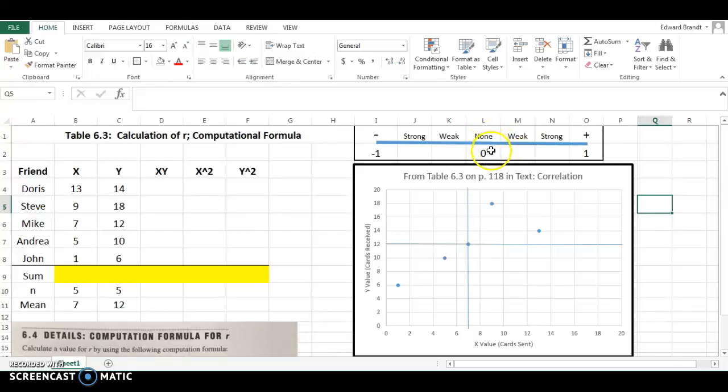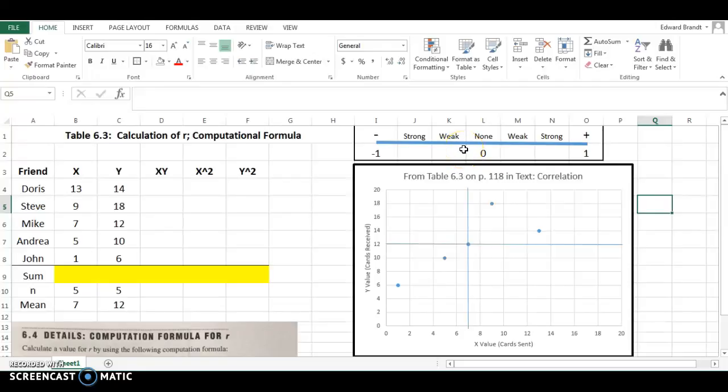So if you picture a positive R value on this side of the number line, the closer you are to +1, the stronger the relationship is, and the closer you get to 0, the weaker. Likewise, on the negative side of the number line, the closer you are to -1, the stronger the relationship is compared to a value that is closer to 0.